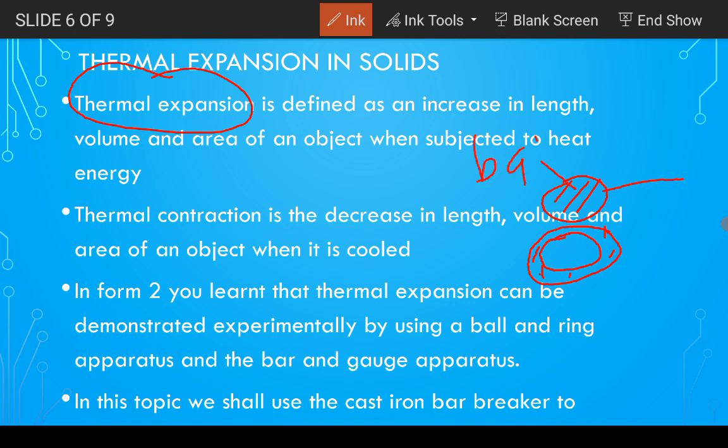This is a ball. You encountered this in Form 2 in the same topic, thermal expansion. And then you have a ring.